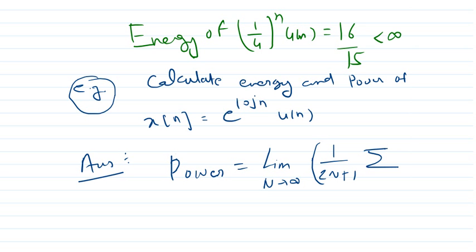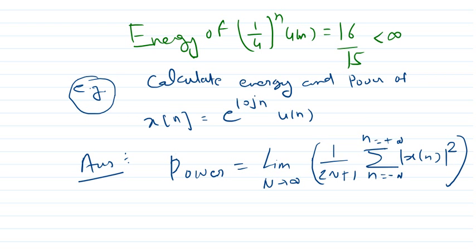What is the formula of power? It is the limit as N tends to infinity of 1 divided by 2N plus 1, summation n equals minus N to plus N of modulus of x[n] whole square. So this is the formula for calculation of power.